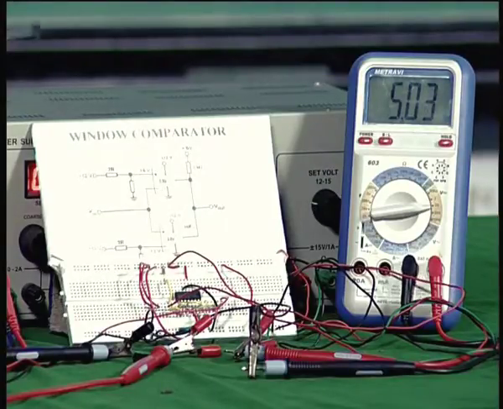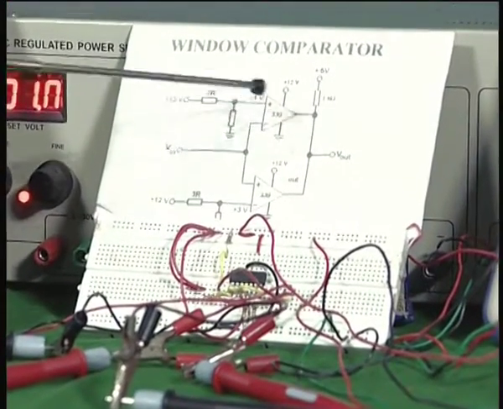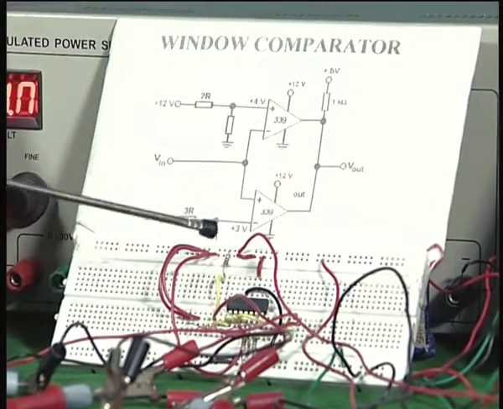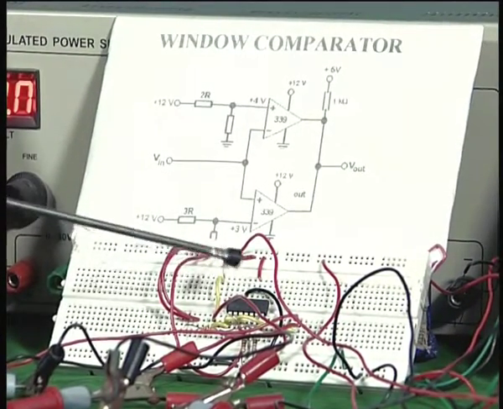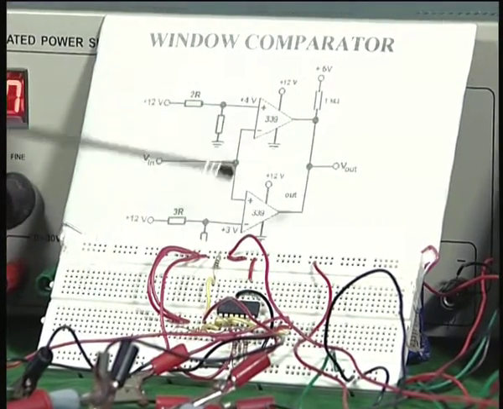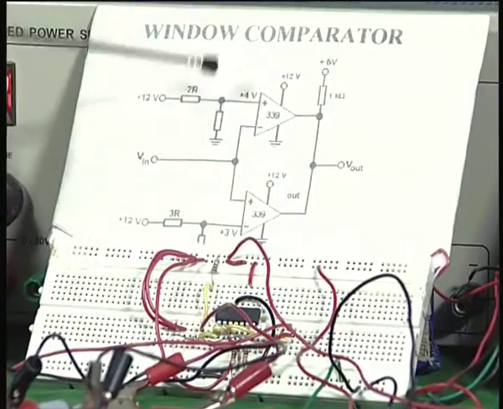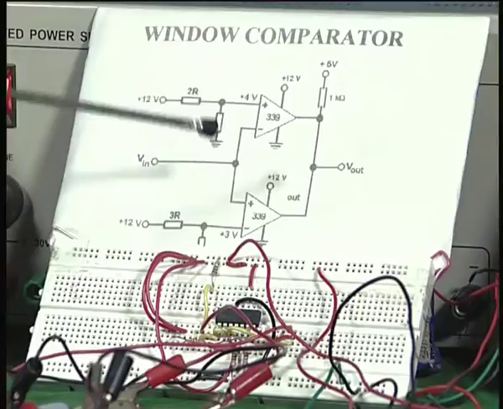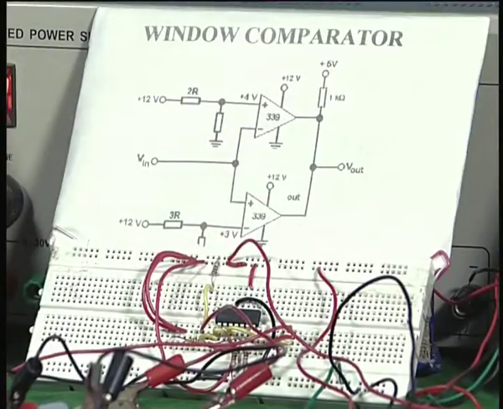So, it is just the opposite of this, and this is done using the commercially available LM339 comparator, which is this IC here, a 14 pin IC, which has 4 comparators inside. So, we have used only 2 of them, that means we have used only half of the IC here, and the other half is also available for other applications.